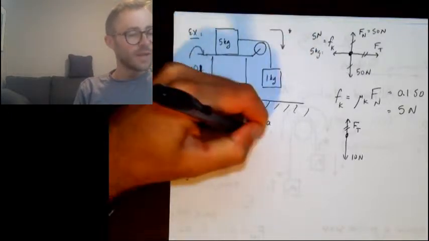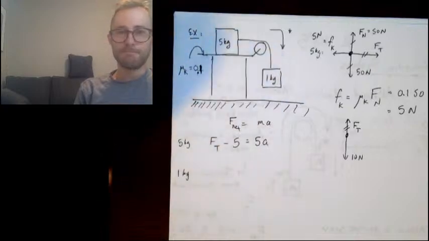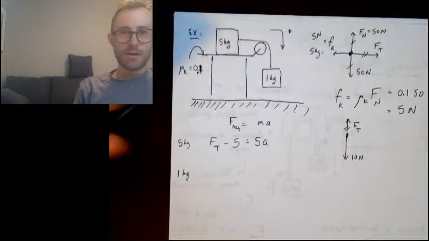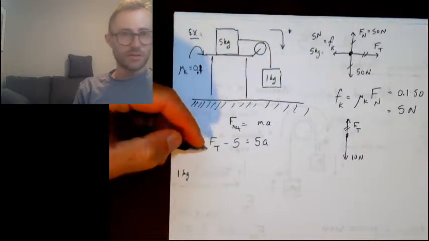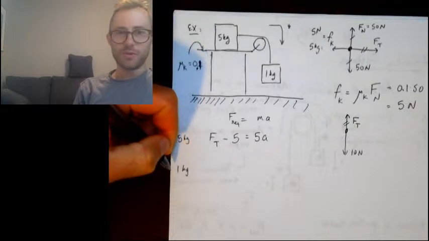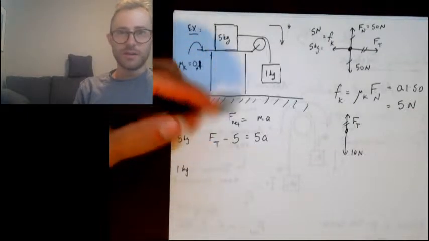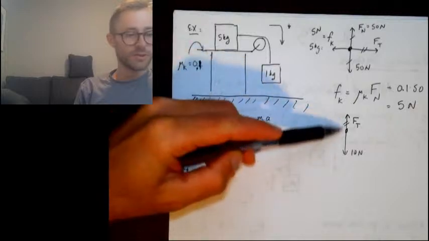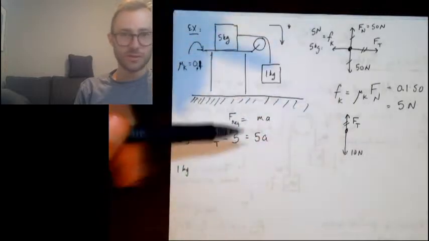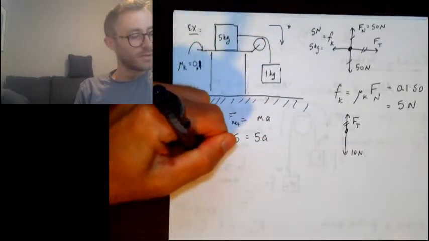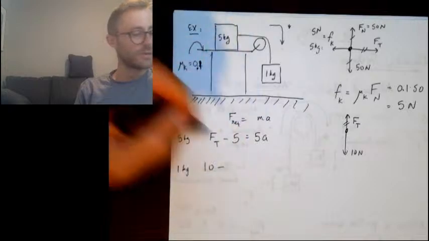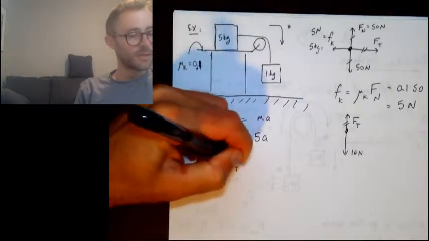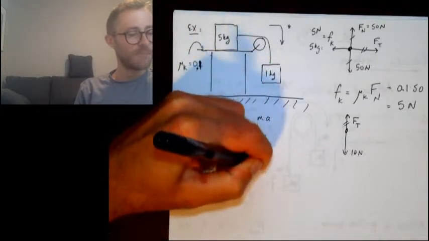And that equals ma. For the 1 kilogram mass, remember, downward is positive for the 1 kilogram mass, so 10 minus tension. 10 minus tension equals 1a.